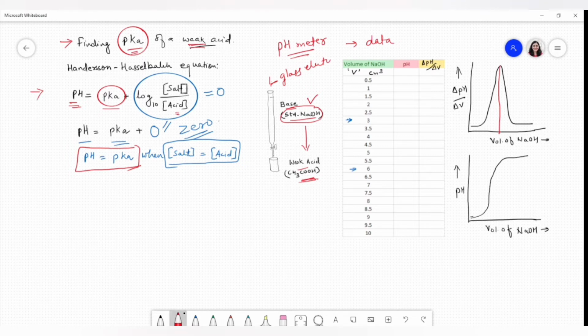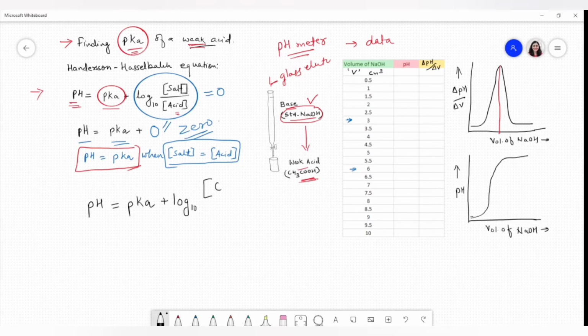So say for our example, we had taken acetic acid. So we can write our equation as pH is equal to pKa plus log base 10 of our salt. Which salt is forming?